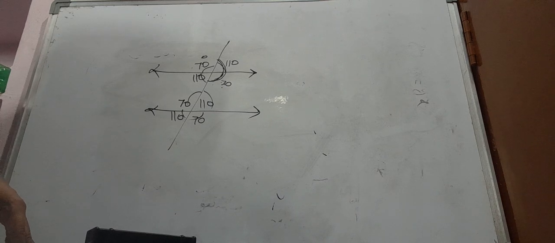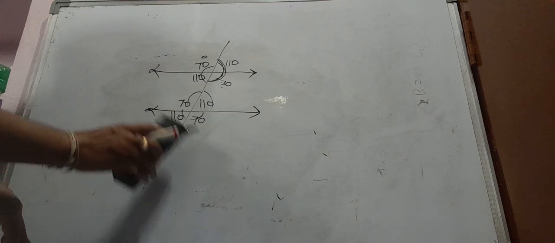So you watch this video again and again until you understand and can solve the problems of lines and angles. To understand lines and angles, you should know what is a point, what is a line segment, what is a ray, what is a transversal, what are adjacent angles, what is a linear pair, and interior alternate angles, corresponding angles, like that.